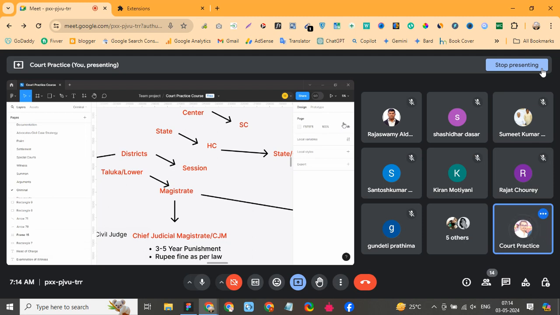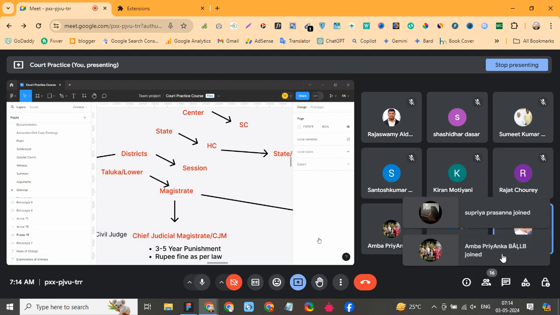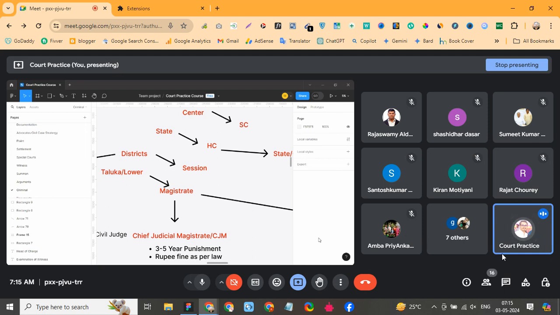If I want to register a complaint before the police station or before the court or the magistrate, there should be some kind of dispute relating to the crime, or simply a crime should be there. Otherwise, no case will be registered as a criminal case.